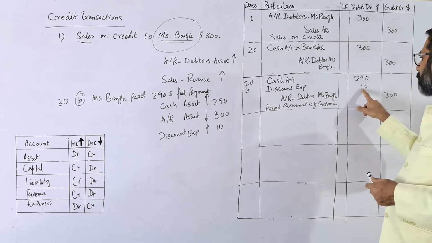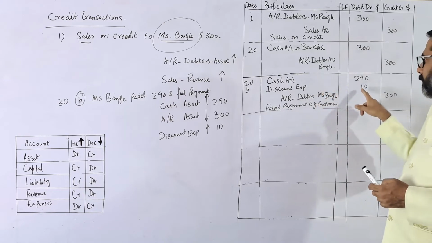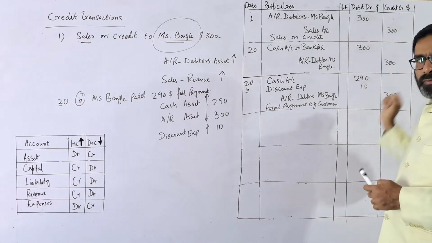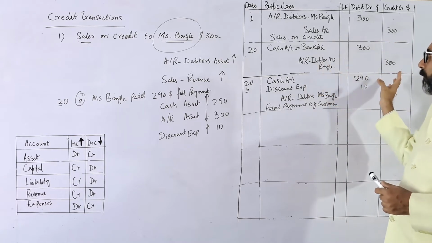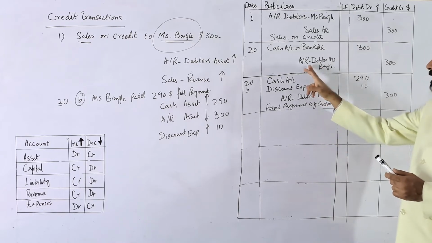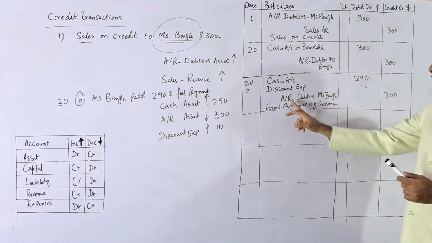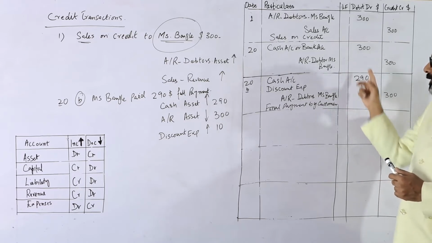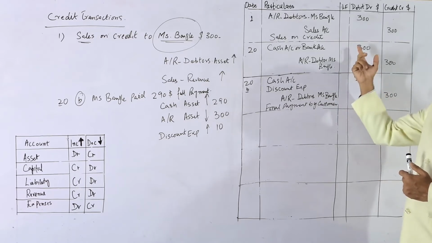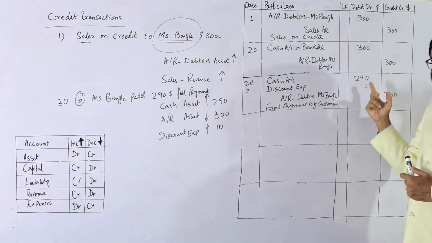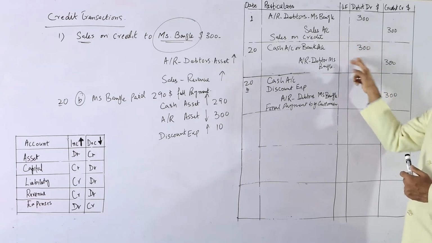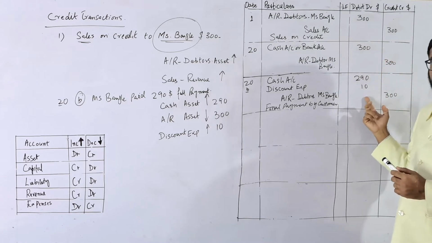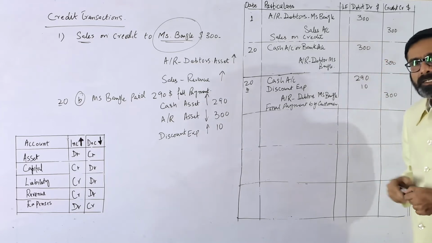So that $10 discount is on the debit side. So here cash is 300, but here cash is only 290. The receivables in both transactions are the same: receivable credit 300, receivable credit 300. The only difference is that instead of receiving 300, you are receiving only 290, and the $10 you are giving as a discount.